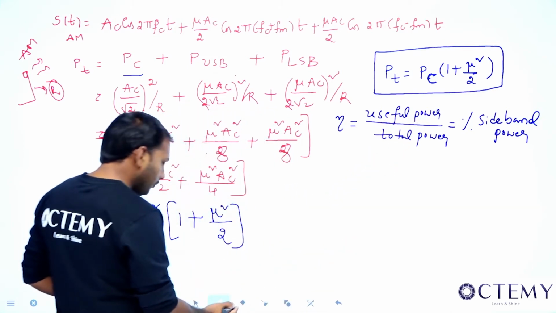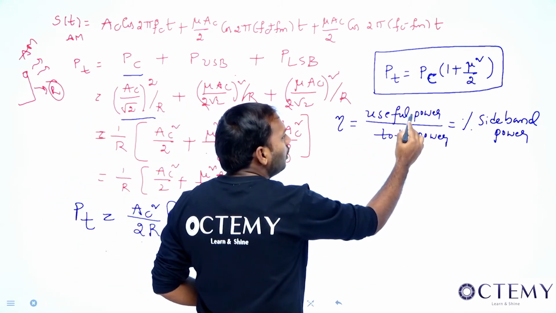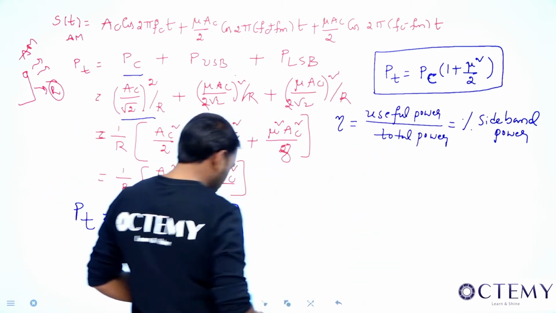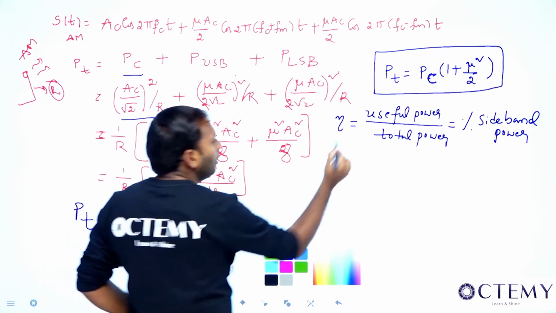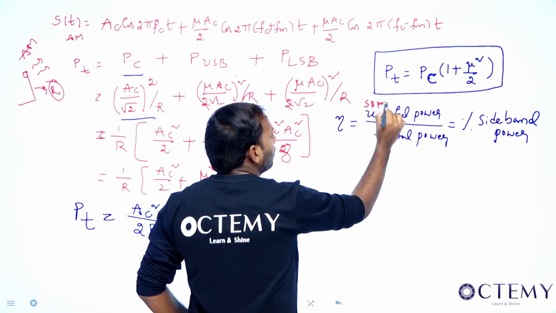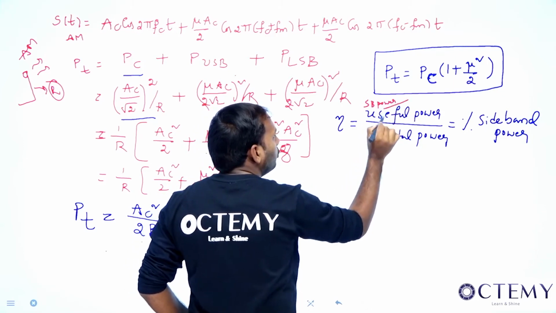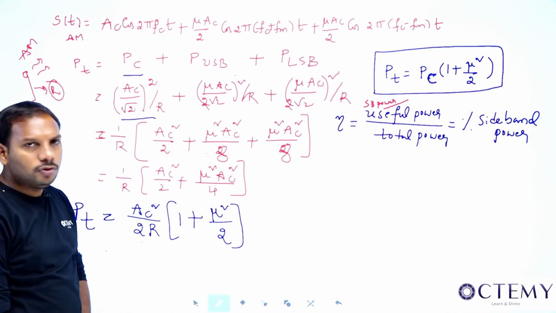If you have a confusion, one thing I can do: sideband power, or useful power, divided by total power. Now you have the clarity, I think.